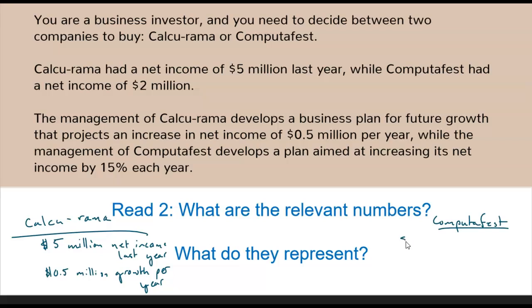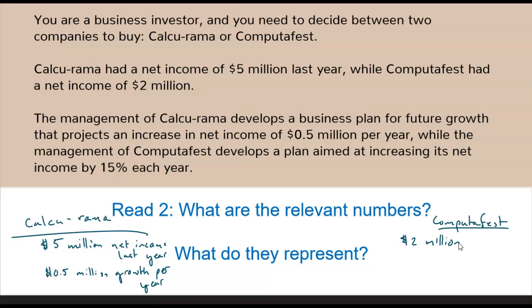On the other hand, we have Computafest, which had a net income of $2 million. Now, this term net income might be unfamiliar to you, so let's talk really briefly about what that means. Net income is the total amount of money a business made, or any entity brought in, subtract all the business expenses, so everything they spent.